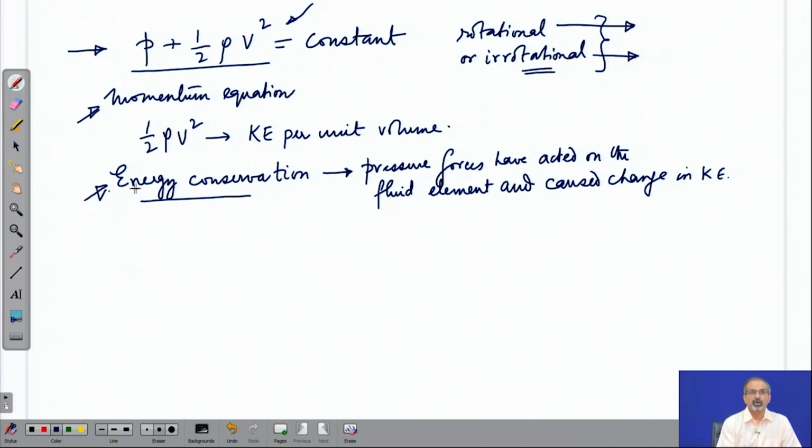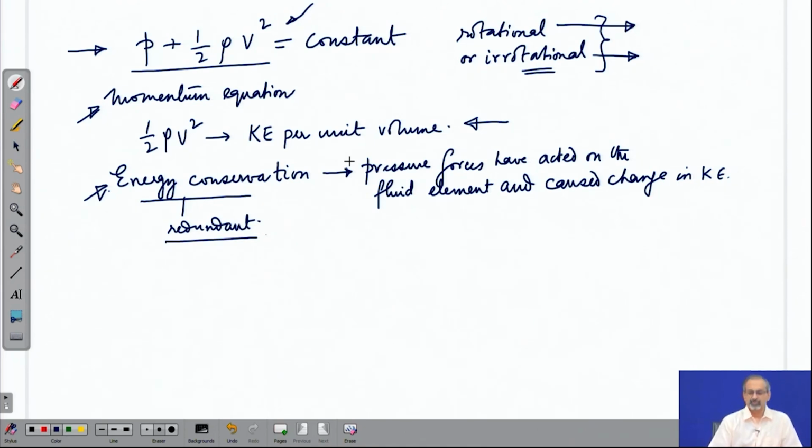However, even if we are not looking at the energy conservation point of view, purely from the momentum equation point of view, we could have derived it. That means, the energy equation is essentially redundant for the kind of flow field that we are dealing with.